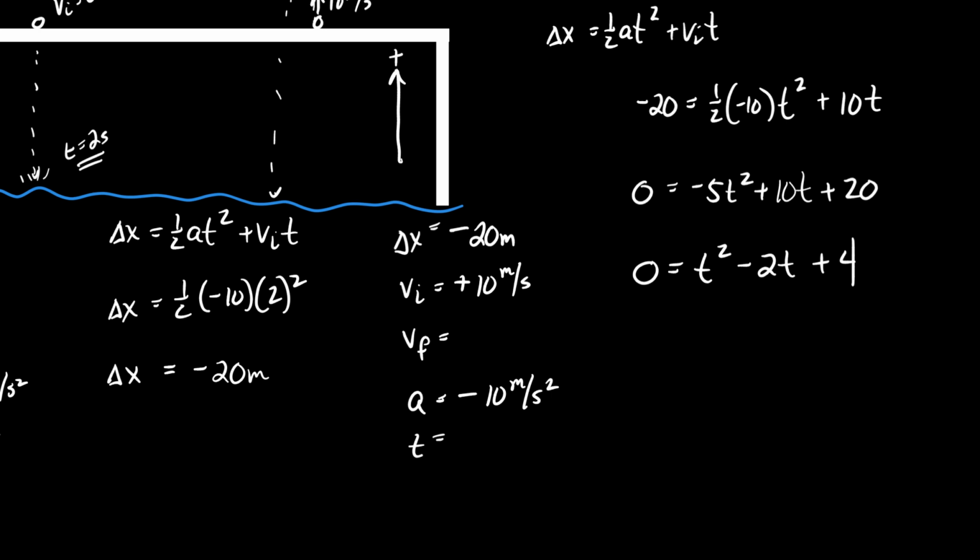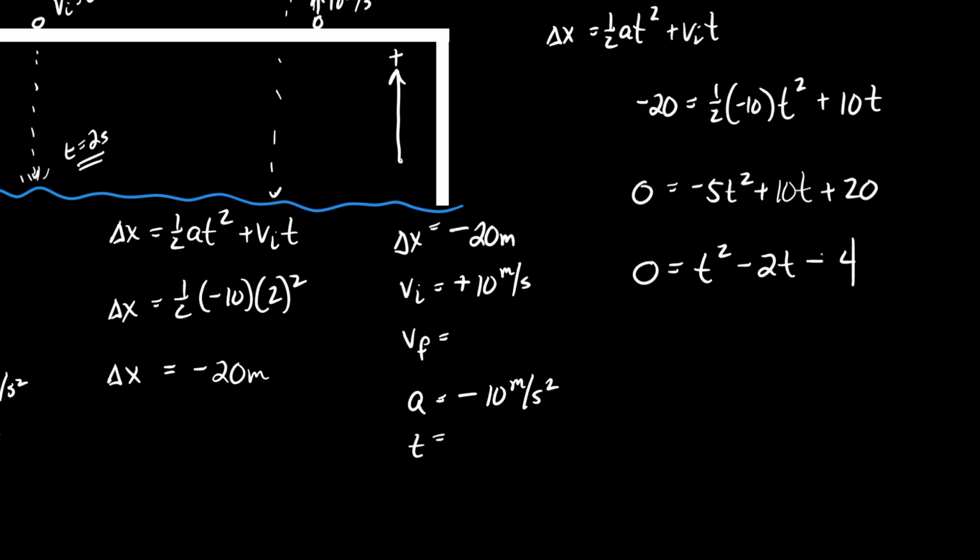Oh wait, it's -4. Sorry, -4. Are there any factors that I can use for 4 that will multiply to give me 4 and sum to give me 2? I believe my only choices are 1 and 4 and 2 and 2, and neither of those will work, correct?